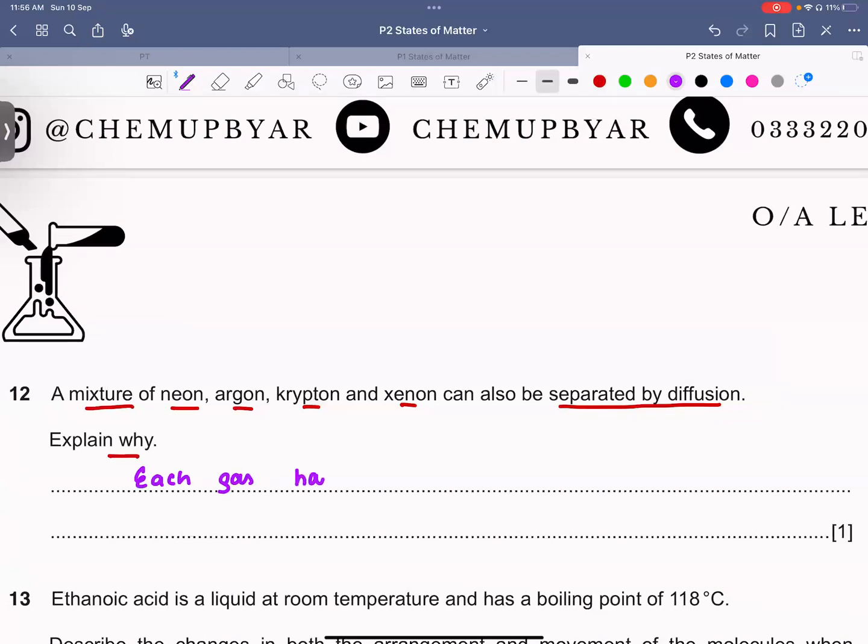Each gas has a different relative molecular mass.